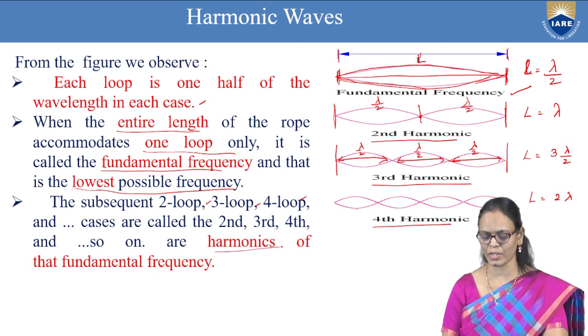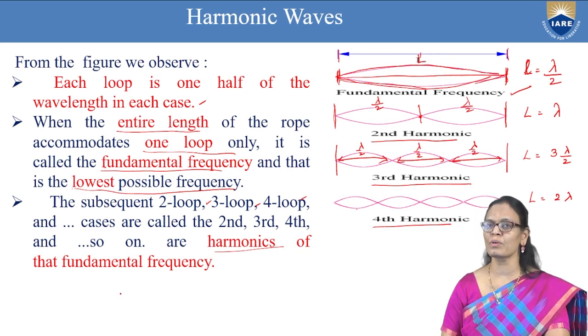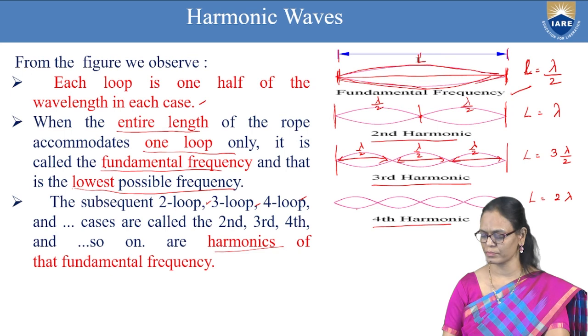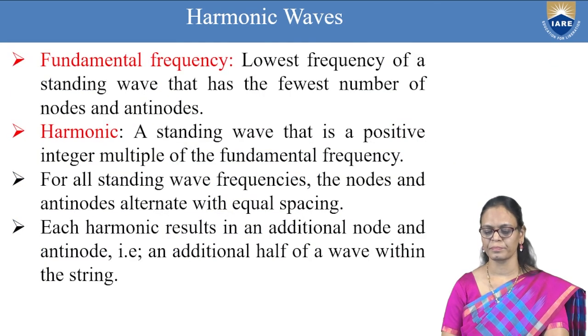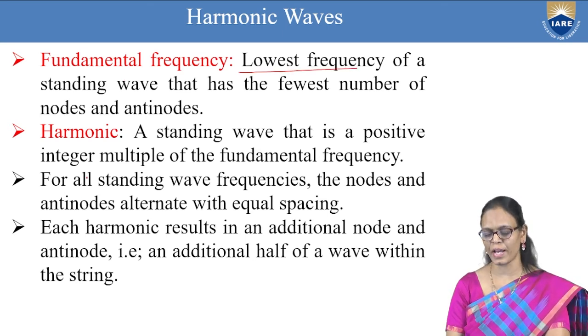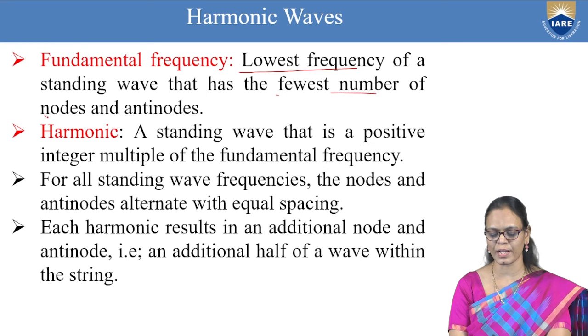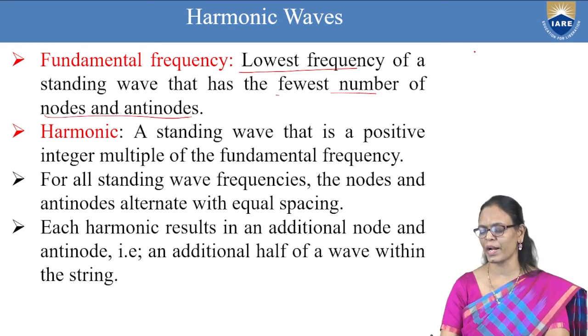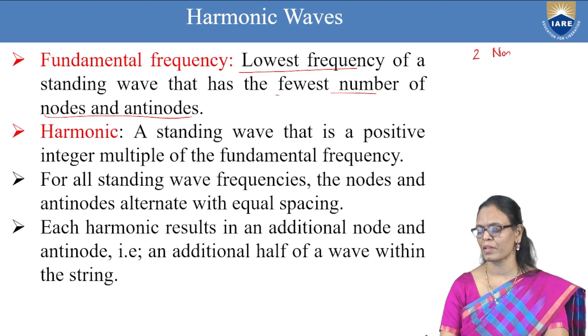So you understand what are harmonics? They are nothing but a group of frequencies. So here we are seeing the fundamental, the second harmonic, third harmonic, fourth harmonic and so on. Now the fundamental frequency is the lowest frequency of a standing wave that has the fewest number of nodes and antinodes. So what we have here is 2 nodes and 1 antinode.